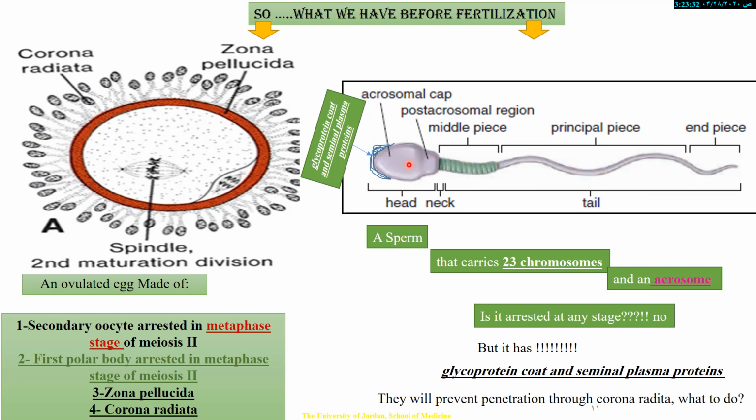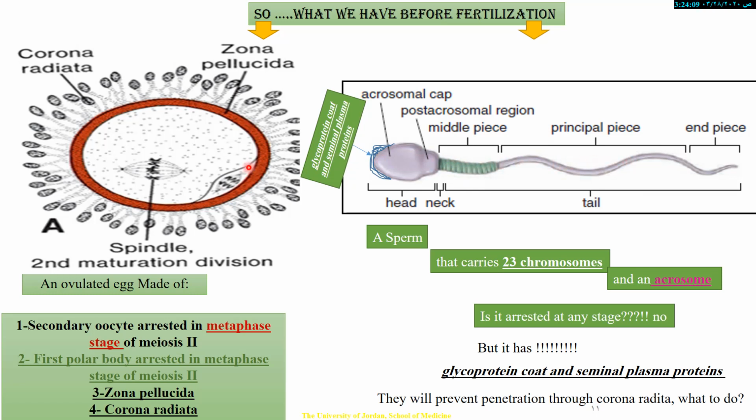Then it finished its meiosis I and gave us secondary spermatocyte, 1N double structured, then gave us spermatid, which is chromosomally 1N, 23 single structured chromosomes, and then it went through spermiogenesis, as we mentioned earlier, and it became, as you can see, it has head, neck and tail. It has everything.